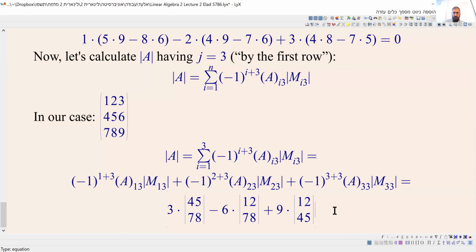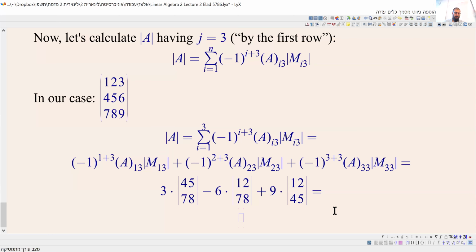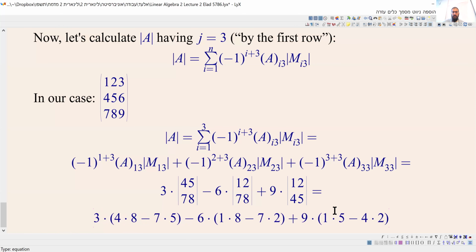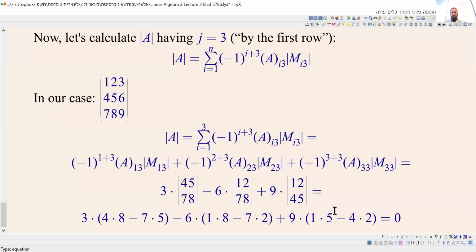We know how to write this down when it comes to the determinant of a 2 by 2 matrix. We have 3 times (4, 8, minus 7, 5), minus 6 times (1, 8, minus 7, 2), and 9 times (1, 5, minus 4, 2), and it equals 0 as well.